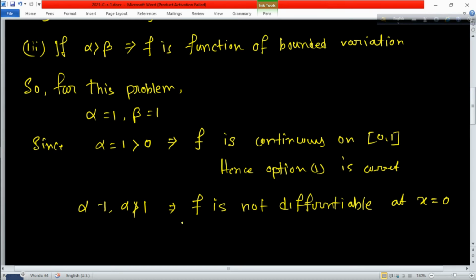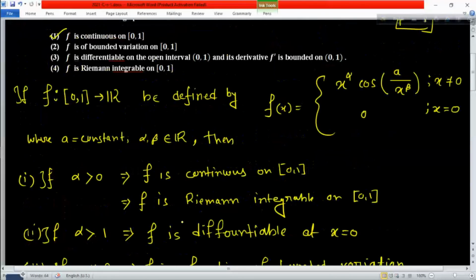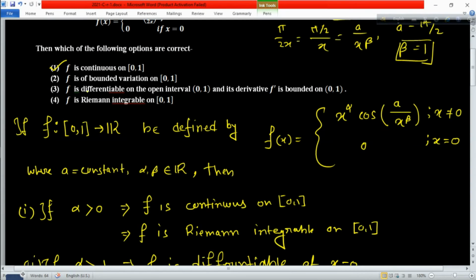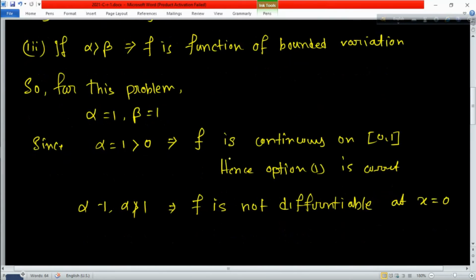Therefore, if I look at the given options, option 3, f is differentiable on the open interval (0, 1), is wrong. So option 3 is wrong.